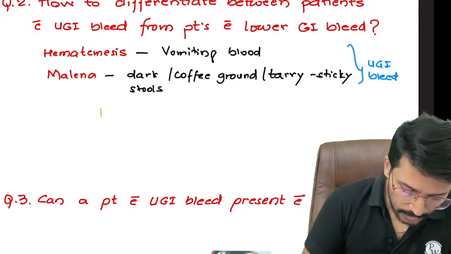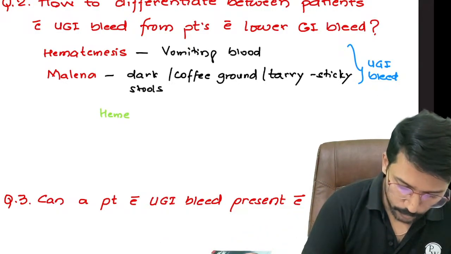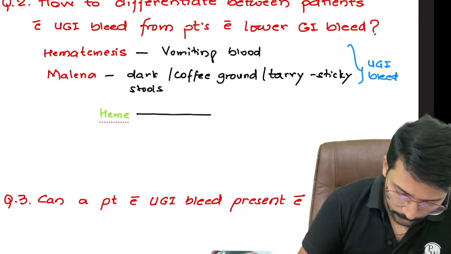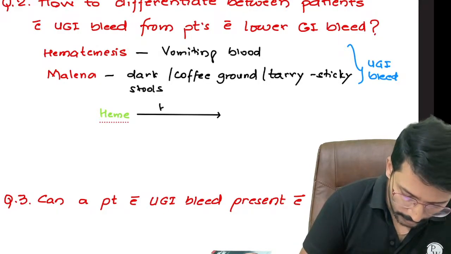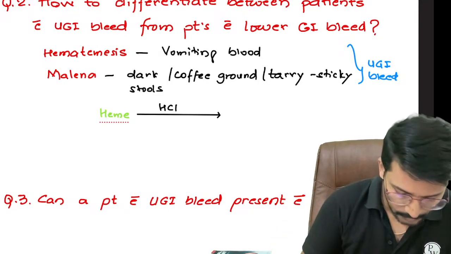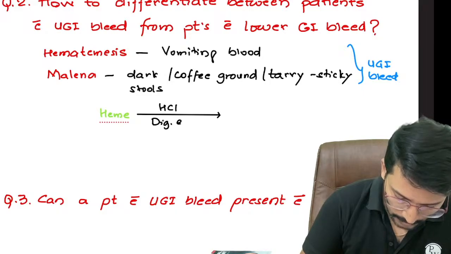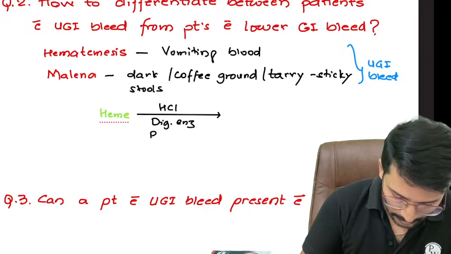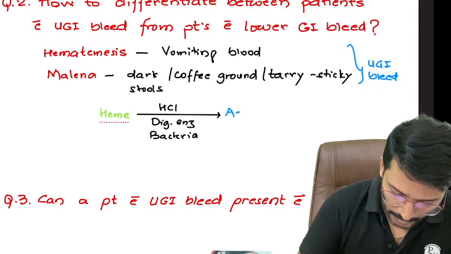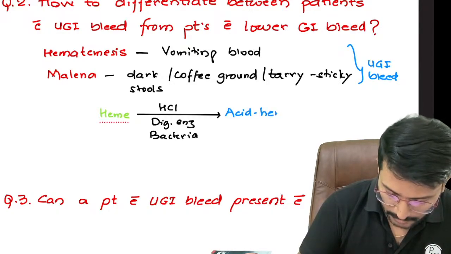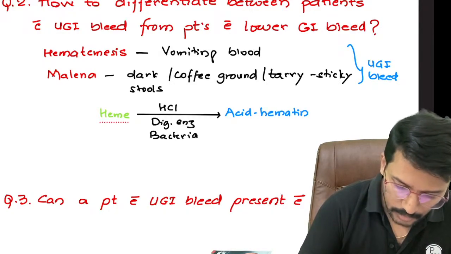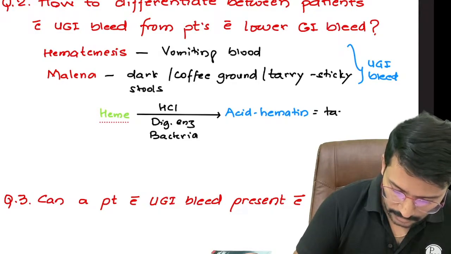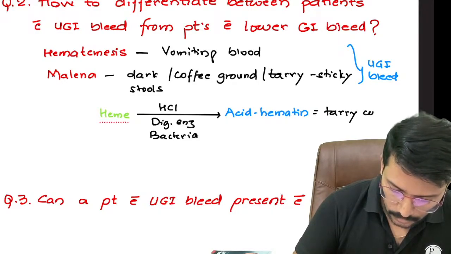The heme in the blood gets acted upon by hydrochloric acid in the stomach, digestive enzymes and bacteria, and they convert it into what you call acid hematin. And this acid hematin gives the tarry color to the stool.